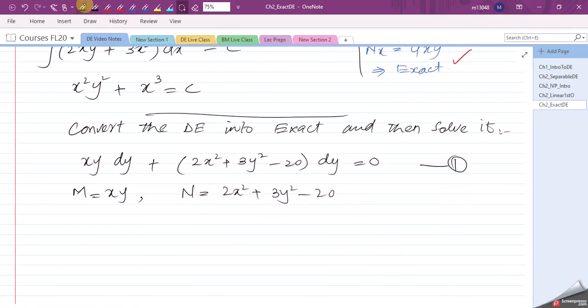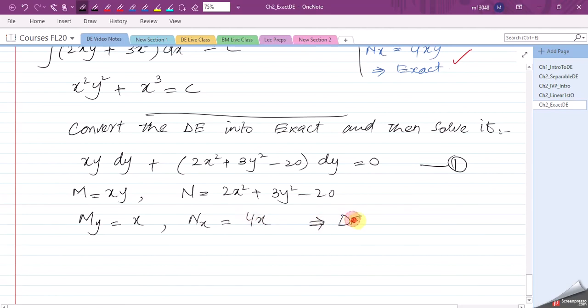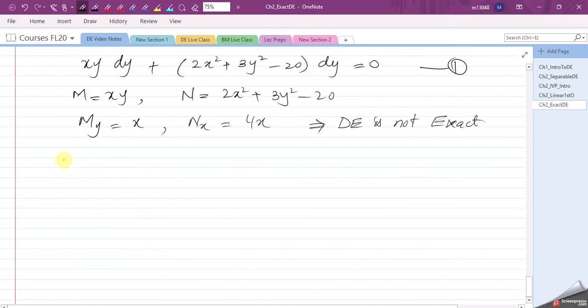Right. So My equals x only and Nx equals 4x. Clearly, the differential equation is not exact. Right? So we check.